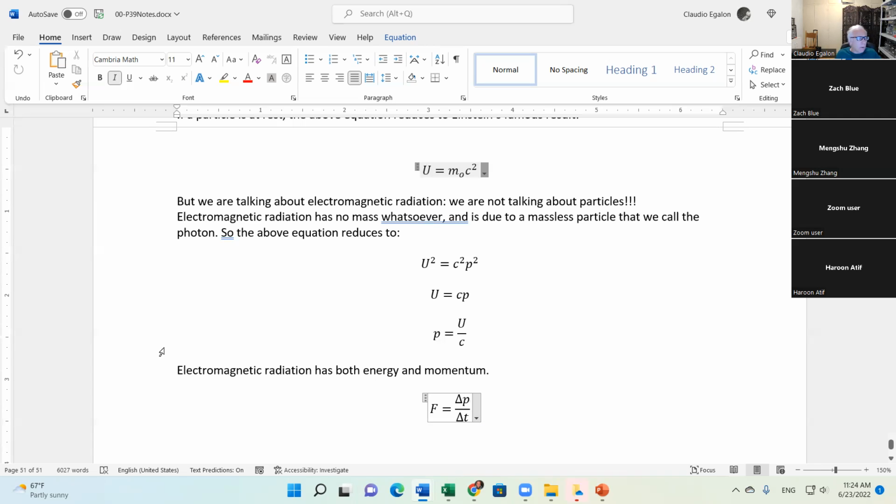So if you can come up with a way to change the momentum of your electromagnetic wave, you will be able to apply a force and consequently a pressure, right? Remember the relationship between pressure and force?